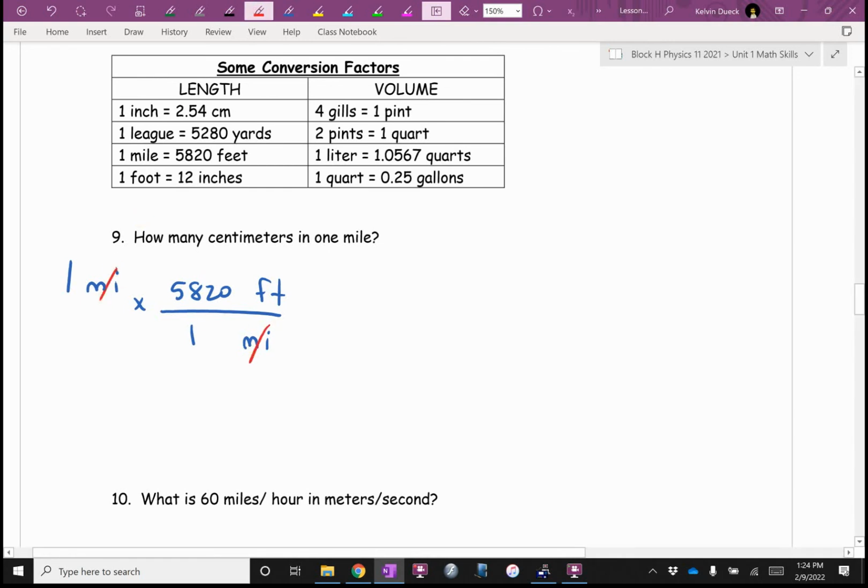If I stopped there, that would be feet. We want to end up in centimeters. What can I change feet into? Inches. So feet on the bottom, inches on top, 12 inches, 1 foot.